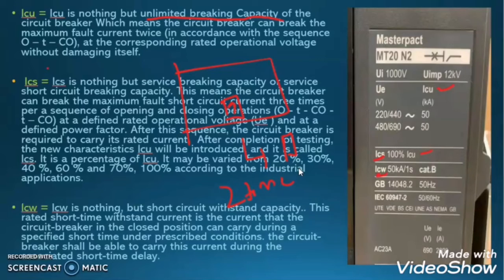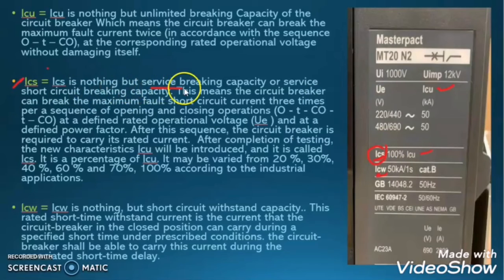Then we see that the circuit breaker is operational, and we again give the operational voltage to it. If the circuit breaker withstands this operation and breaks that short circuit fault current, then this rating is called Icu, the ultimate breaking capacity of the circuit breaker. Now let us discuss Ics.